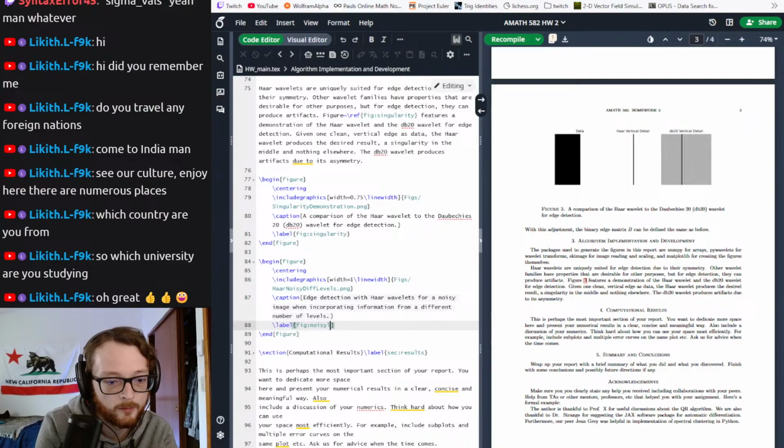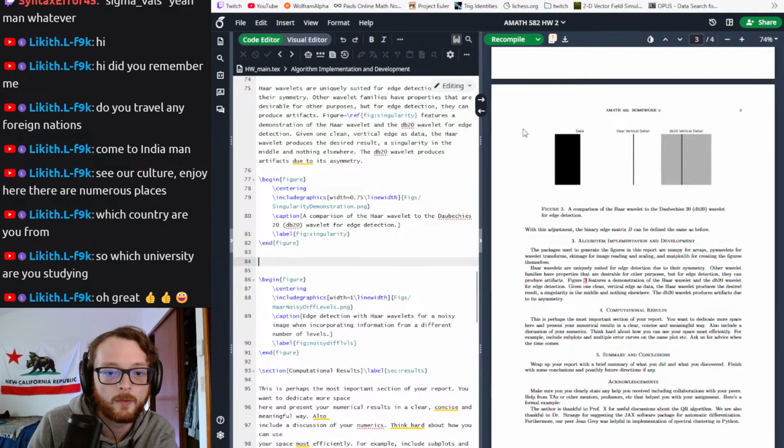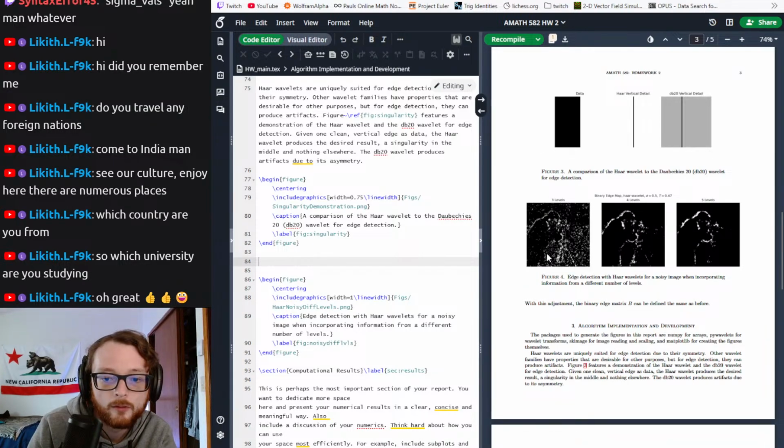Noisy level. Noisy diff levels. How's the width? That's fine. Okay.